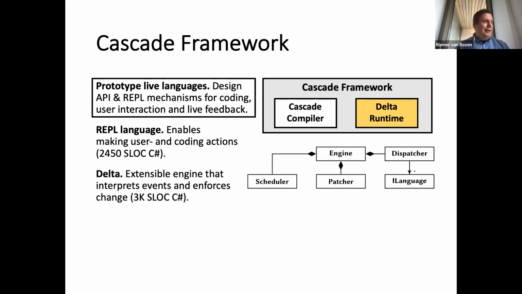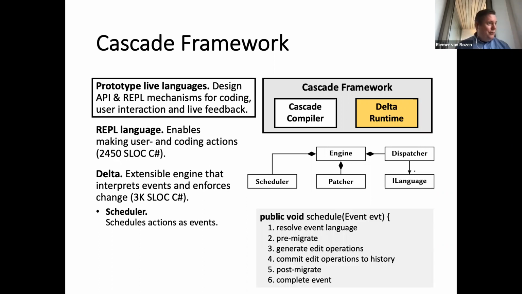Delta is an extensible engine that interprets events and enforces change. It has, of course, a scheduler that schedules these pre and post side effects. It has a patcher. Oh, let me first show you the scheduler. How does this event scheduling happen? Well, first, for each event, it has to resolve the language. I told you that V has a polyglot setup with different languages.